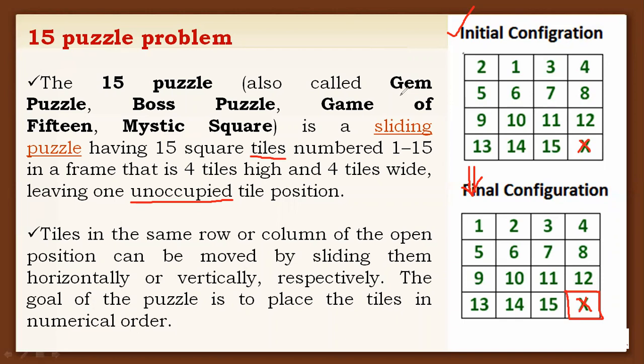But here we need to solve the problem by using the branch and bound technique. To do so, we use a searching technique called the LC search technique. LC search is nothing but the least cost searching technique.